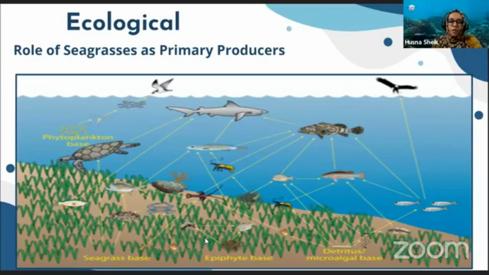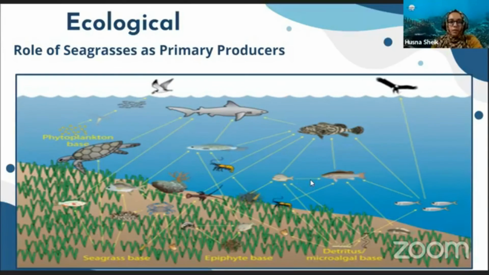You can understand the importance of primary producers because they contribute a large amount of oxygen. So that's very important when considering the impact of climate change.